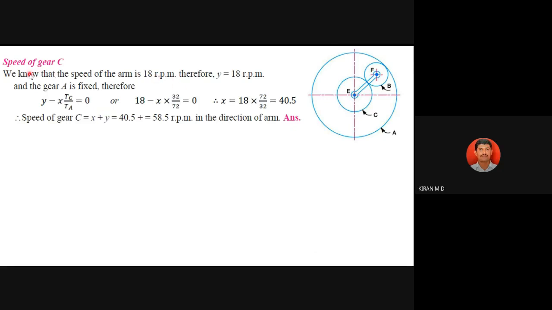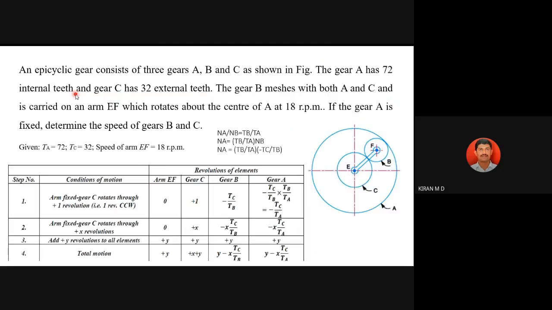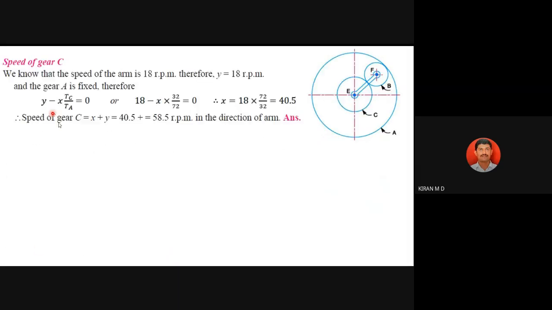He has given that the arm rotates about the center of A at 18 RPM. This arm speed is y, so y is equal to plus 18. Then what will happen?